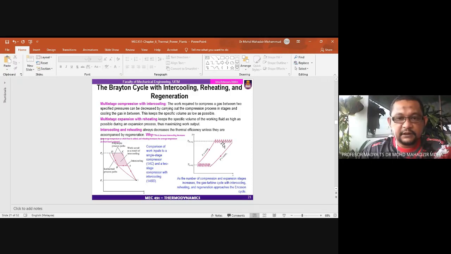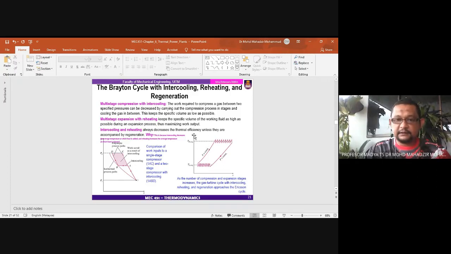This is because intercooling decreases the average temperature at which heat is added, and reheating increases the average temperature at which heat is rejected. This diagram explains the thermal efficiency that decreases when we put in an intercooler.